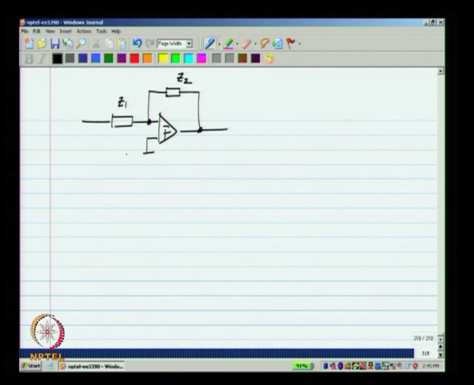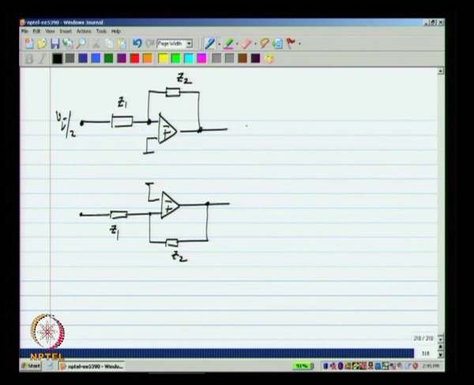So, we have this. Now, let me copy over and draw the same thing upside down. Okay. Z1, Z2. Now, these are two single ended circuits.